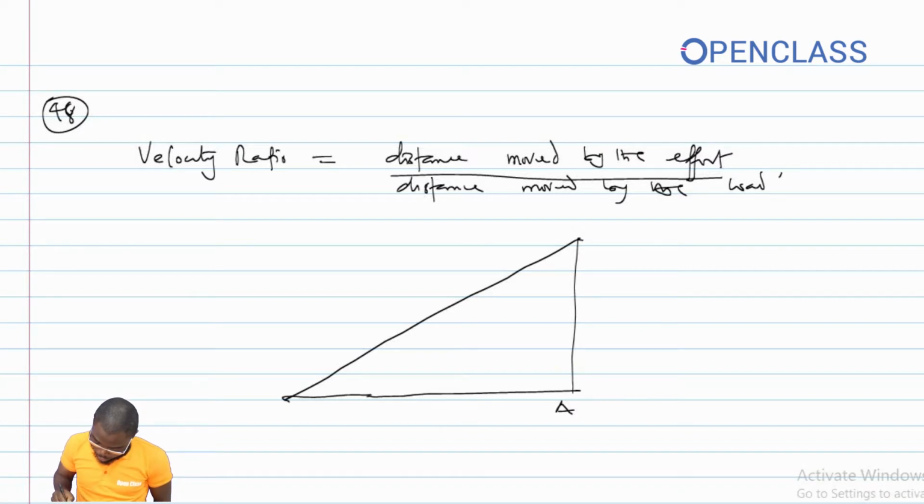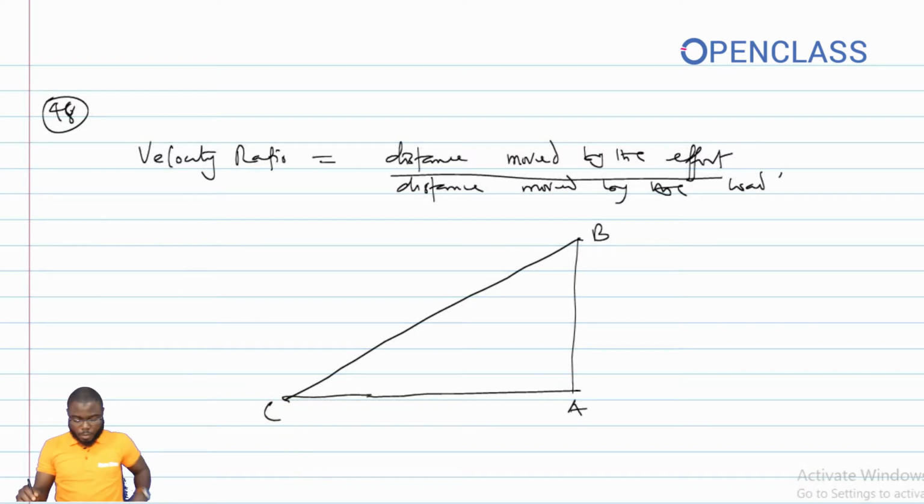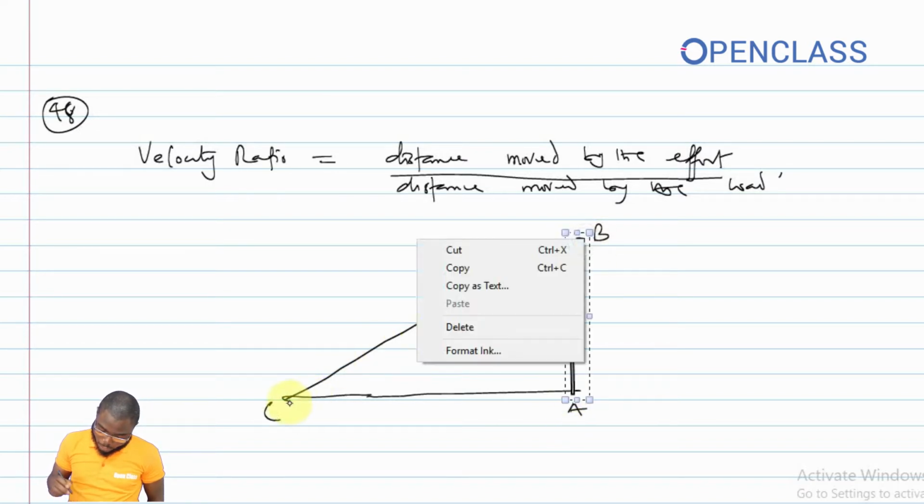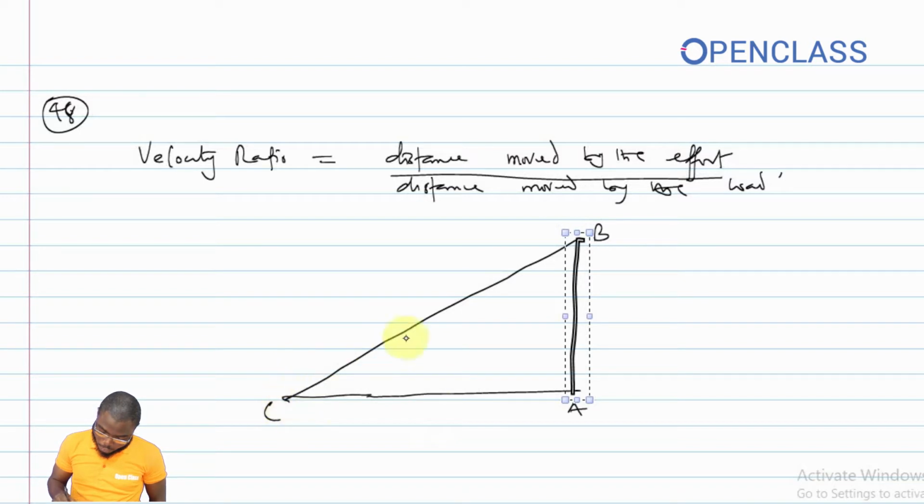We have this to be A, B, and then let's say this point is C. This is the distance moved by the load, but the effort, this is the distance moved by the effort. You're carrying a load from here and taking it up here. The actual distance moved is this distance, but you use your energy through this distance.